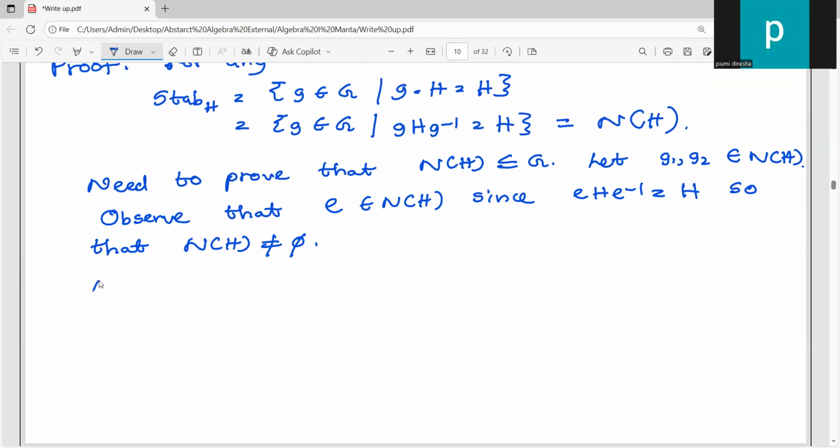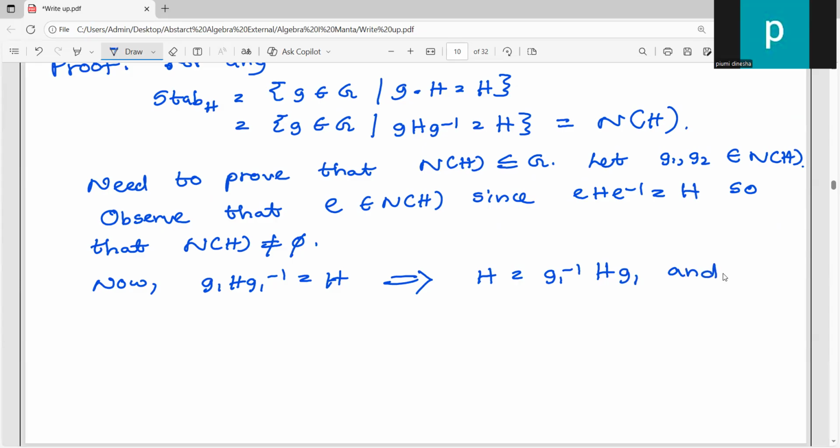Now we take any two elements G1, G2 from the normalizer. By definition, we have G1 H G1 inverse equal to H, which would imply, when you take left multiplication by G1 inverse and right multiplication by G1, that this equals G1 inverse H G1, right?